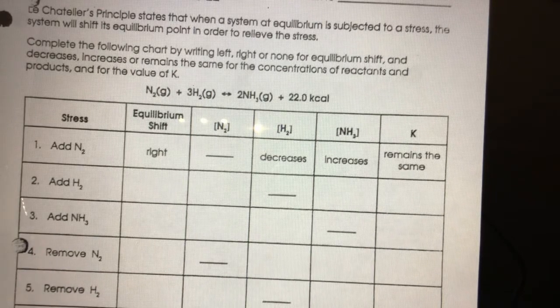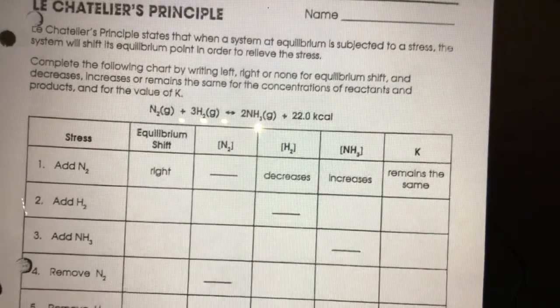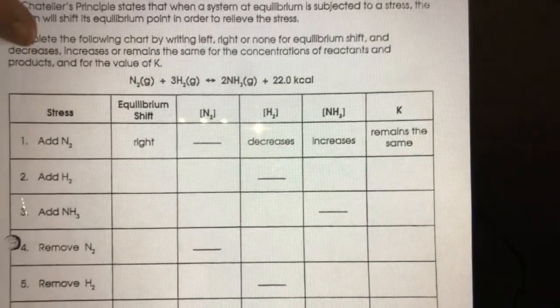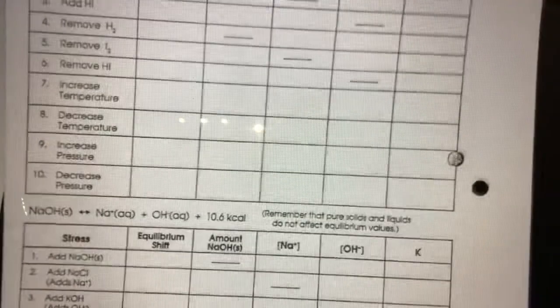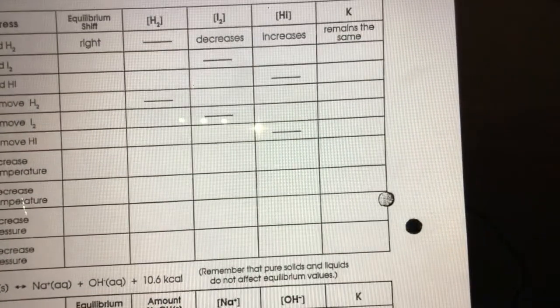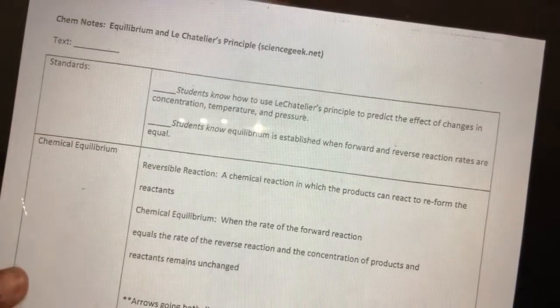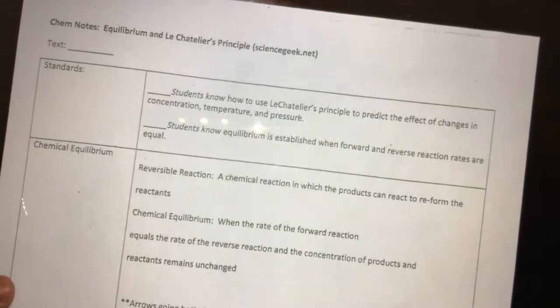Ask questions my way if you have any, because there will be a quiz coming up. Again, this is the assignment. There are 2 sides to this, so you actually have 3 charts that you will be working with. Today, again, with Le Chatelier, we're looking at equilibrium, so balancing out the reaction.